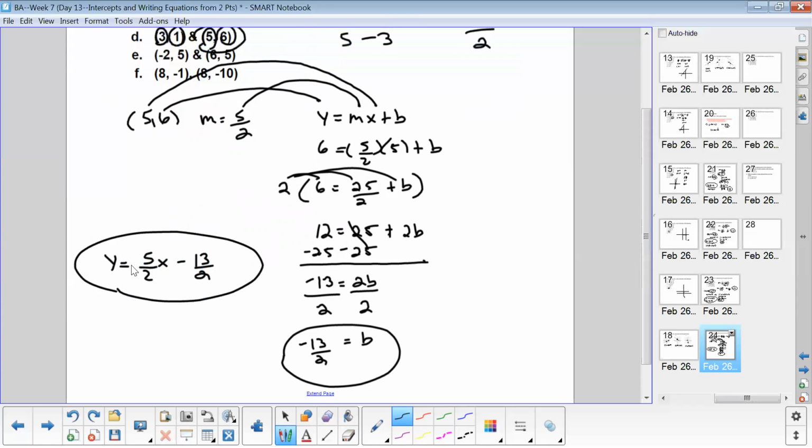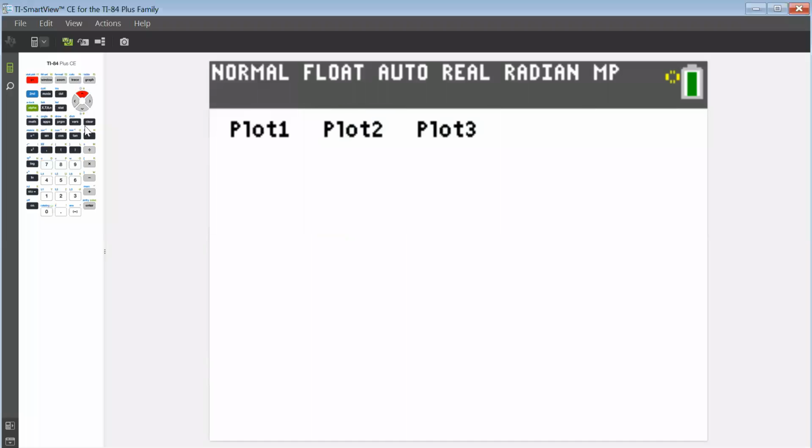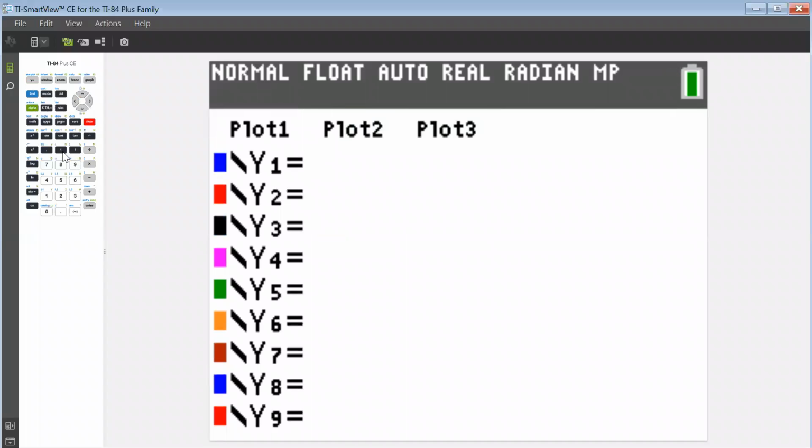And we're going to look for the ordered pairs 3, 1 and 5, 6. So 5 halves x minus 13 halves. So 5 divided by 2, x minus 13 halves.